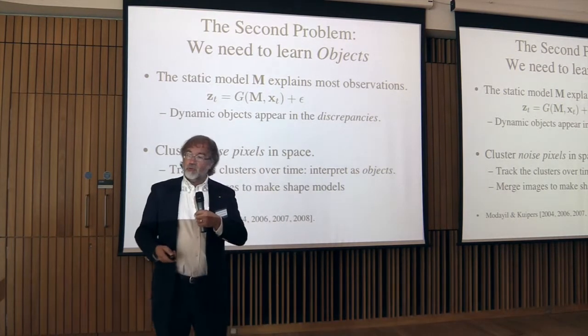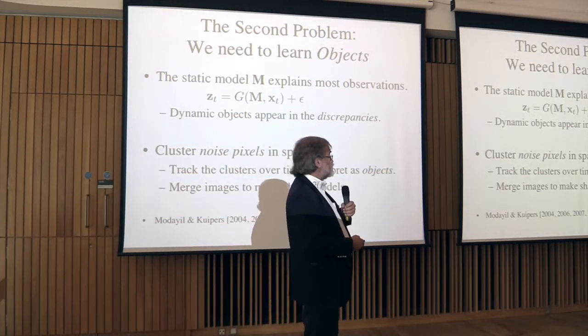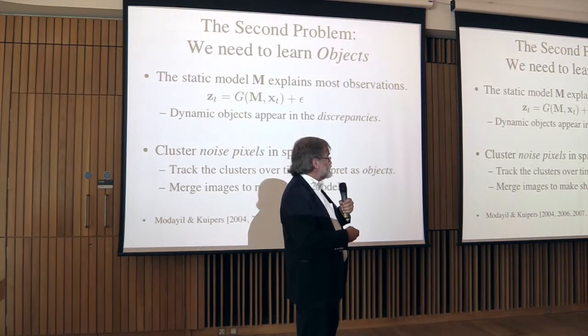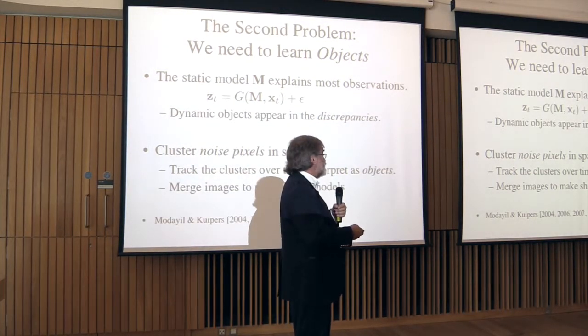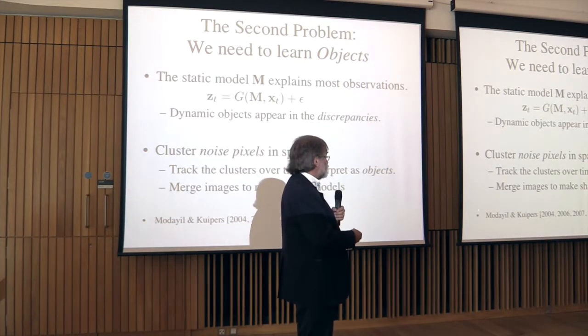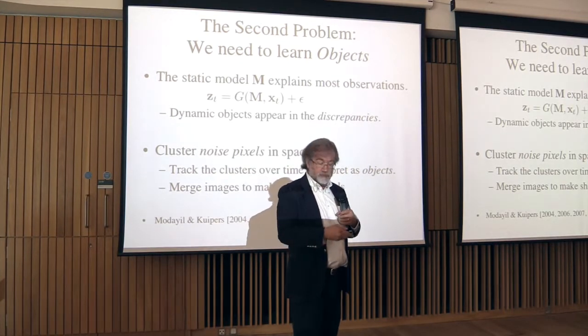And what we're going to do is cluster those in space and then track them over time and interpret those clusters as objects. And then, I'm not going to talk about it, but we can then make shape models and do a bunch of other things with them. This is work with my student Joseph Modiel, who now works for DeepMind in London, I believe.